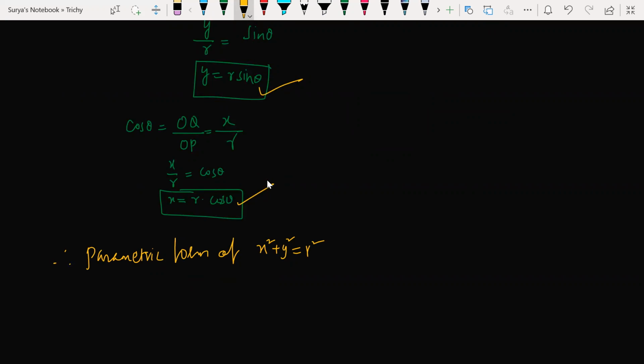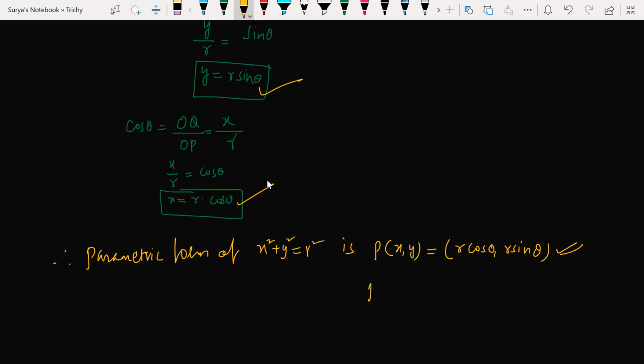What exactly does it give you? X is equal to r cos theta. A parametric form of the circle is nothing but writing a point here, right? The point P of x comma y gives me r cos theta comma r sin theta. Okay, this is my parametric form.